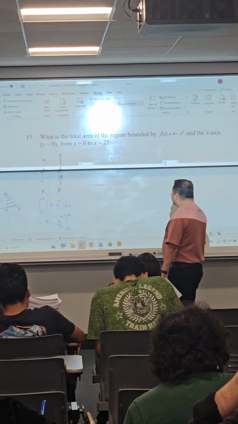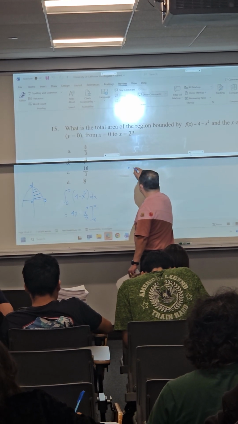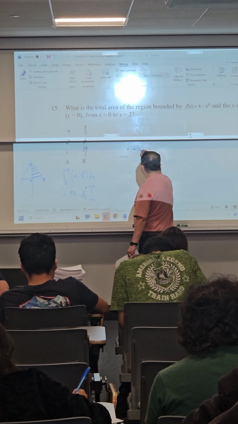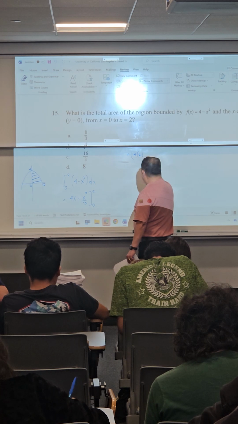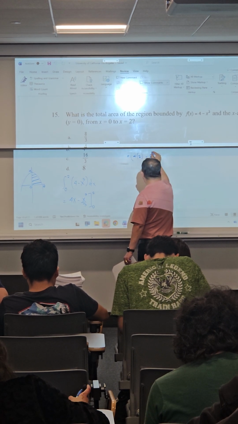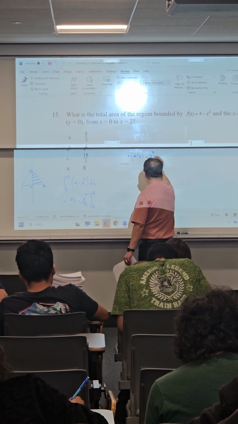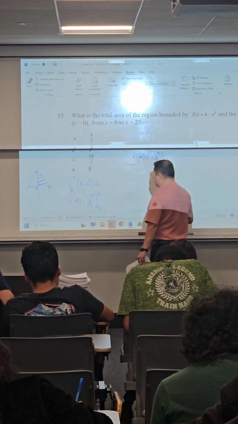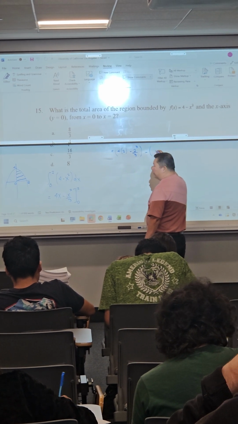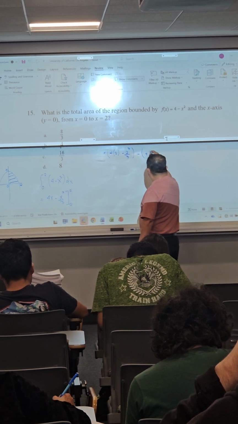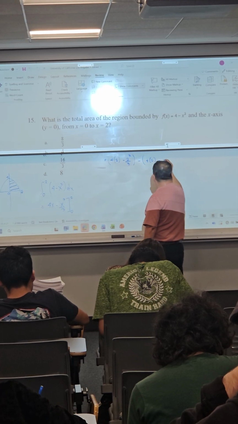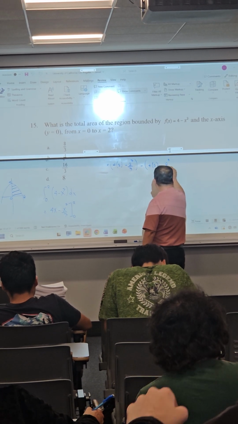So the upper limit is 2, so it means 4 times 2 minus 2 to the power of 3 over 3, then minus, of course, they have to write 4 times 0, just for the sake of discussion, 0 to the power of 3 over 3.